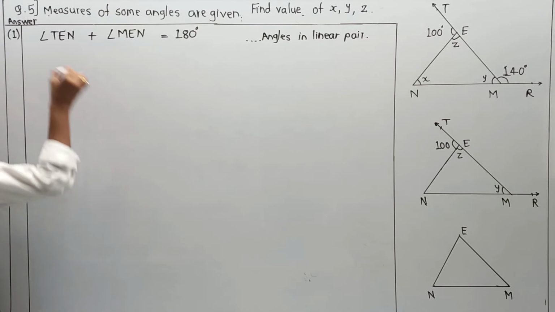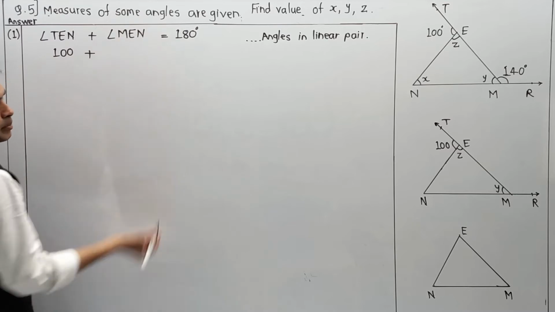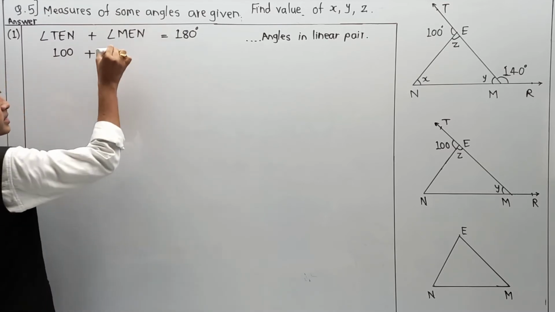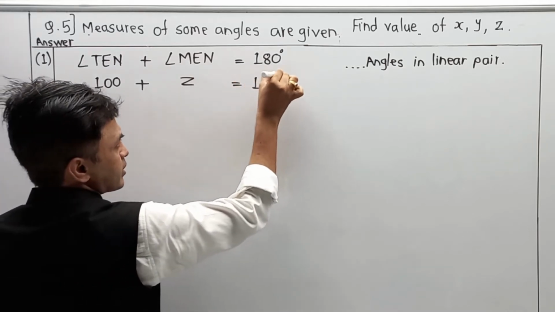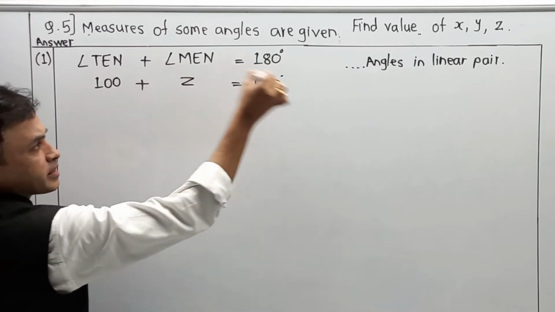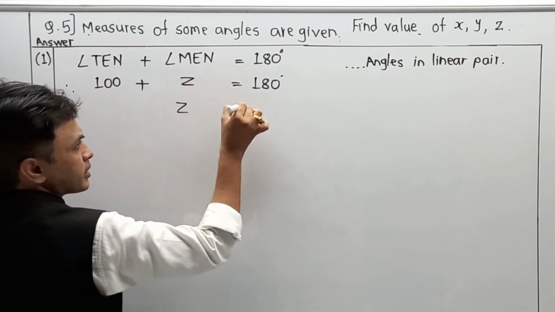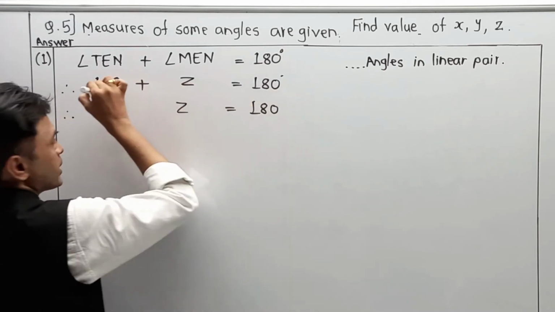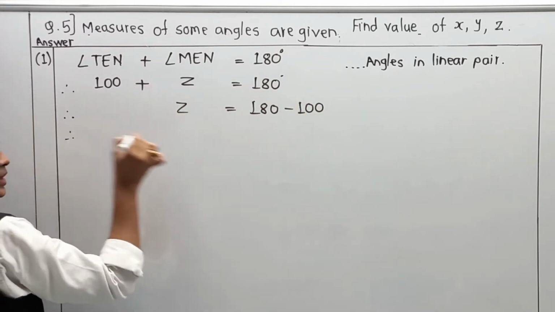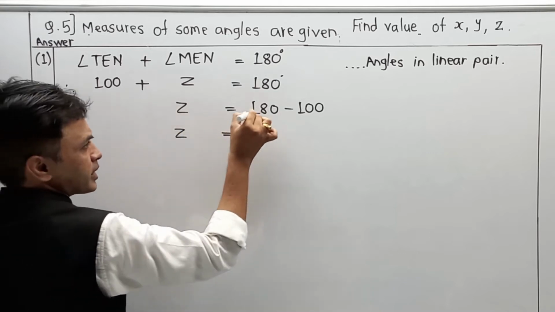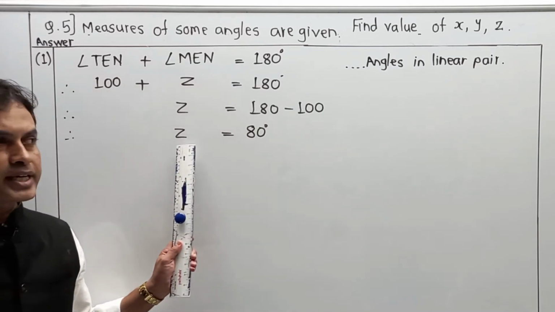Next, angle TEN, whose value is 100 degrees, plus angle MEN. Angle MEN is nothing but Z, is equal to 180 degrees. Now, keeping Z and shifting 100 over there, Z is equal to 180 minus 100, which gives the value of Z, 80 degrees.